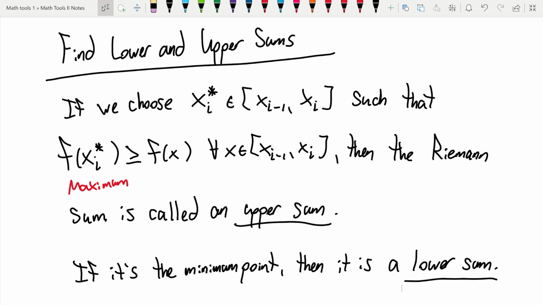If you're working with the graph, then it's a lot easier. Or if you just have a finite set of points, like data points, and it's not a continuous function in the first place, then you would just use whichever one is the largest. Okay.